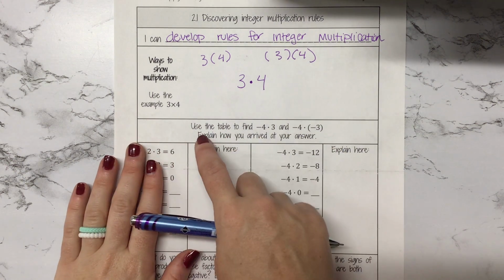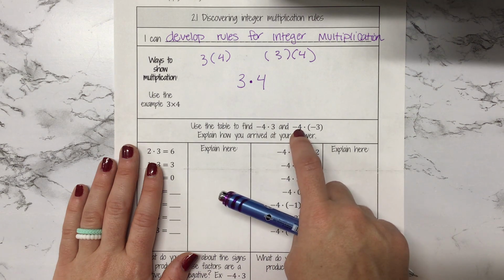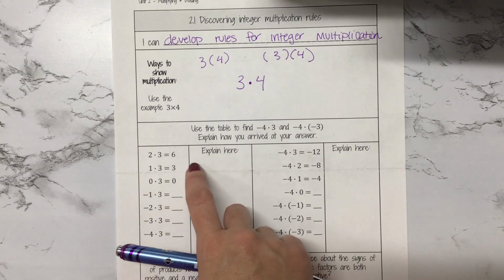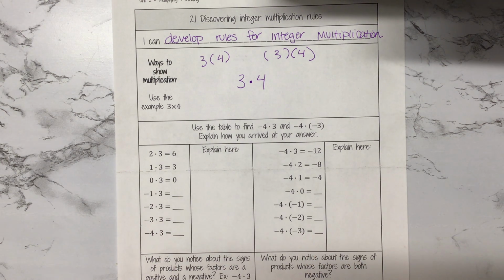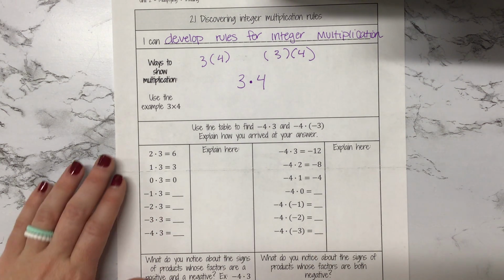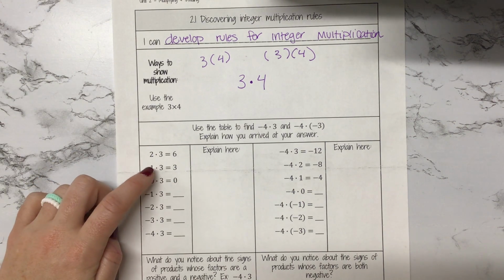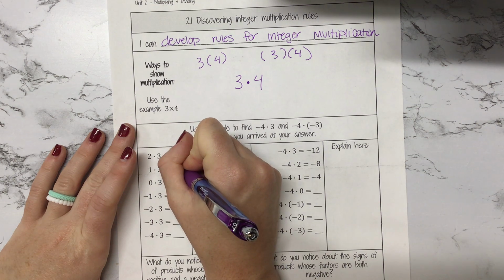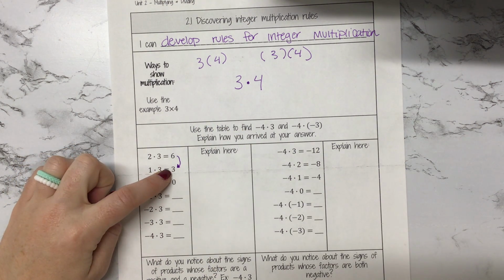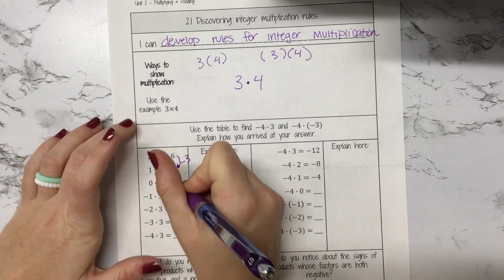So down here it says, use the table to find negative 4 times 3 and negative 4 times negative 3. So these tables are going to help you arrive at your answer. Okay, so 2 times 3 is 6, and 1 times 3 is 3. So from 6 to 3, I'm actually subtracting 3.